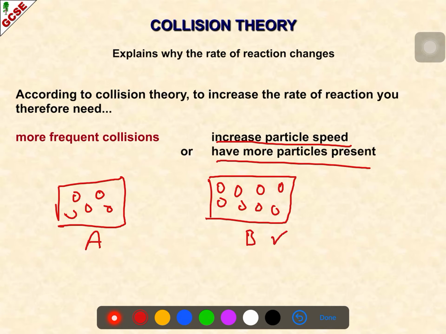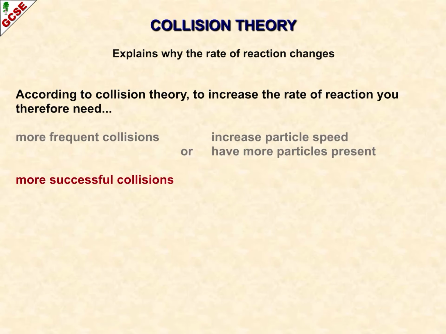It's going to be B, because more particles, more collisions. Less particles, less collisions. So to increase the rate of reaction according to collision theory, you have to increase the number of particles.